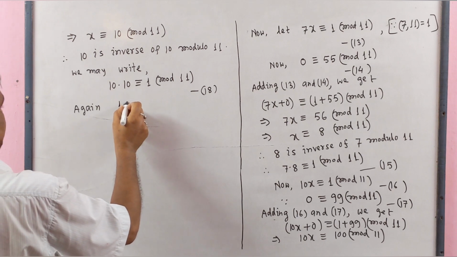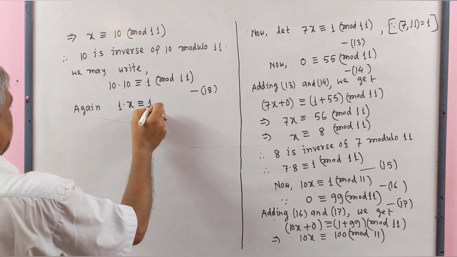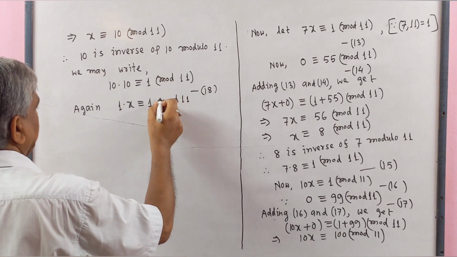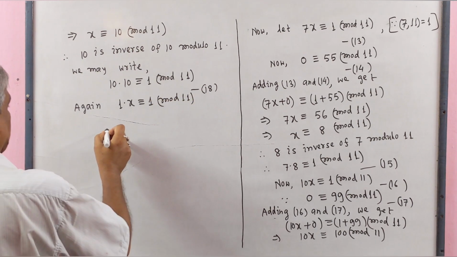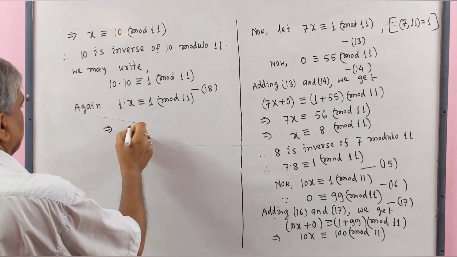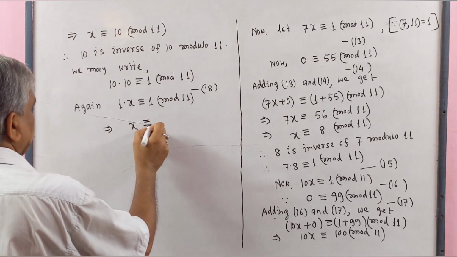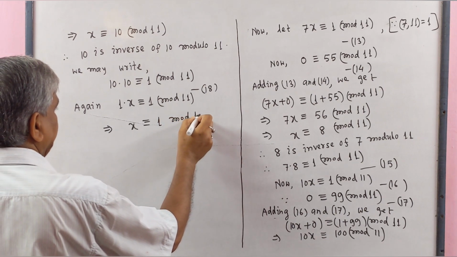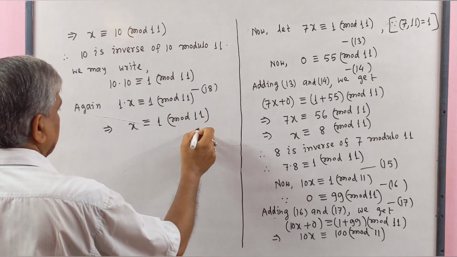1 multiply x is congruent to 1 modulo 11 implies that x is congruent to 1 modulo 11. This is 19.